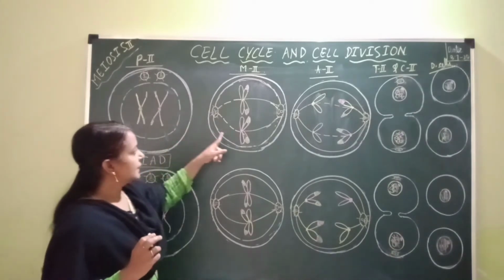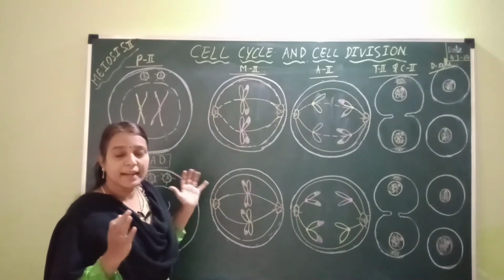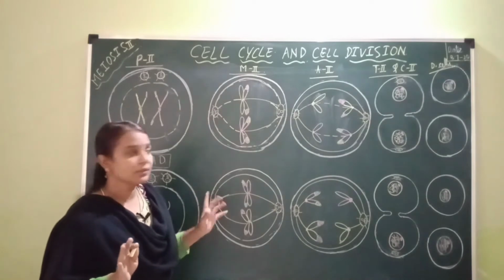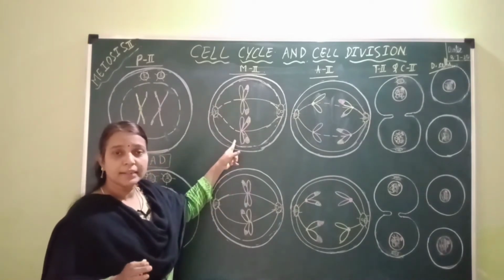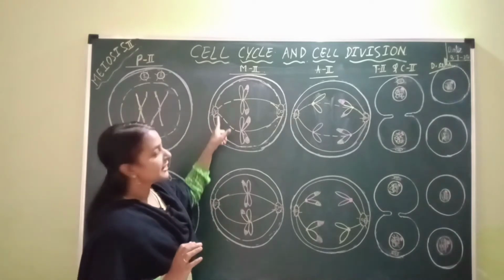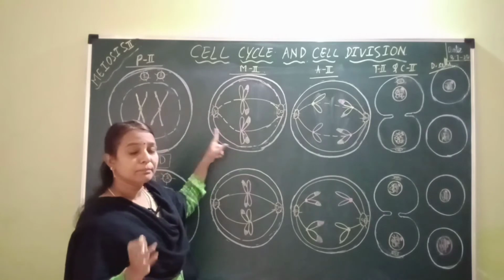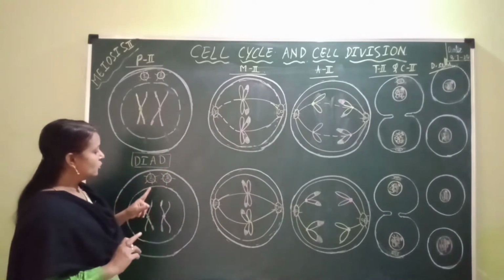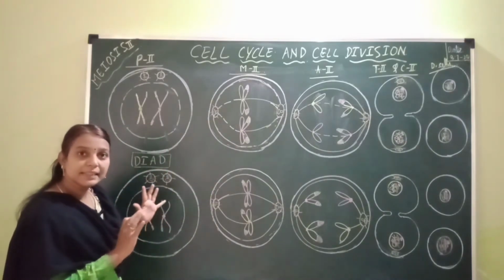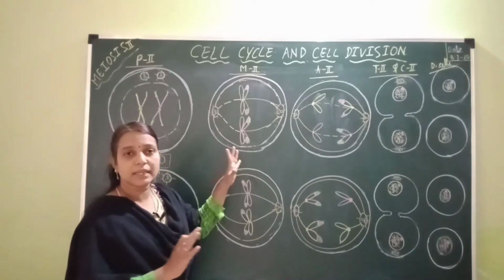By early Metaphase-II, it undergoes complete disintegration and hence there will be no differentiation between cytoplasm and nucleoplasm of the cell. Right. Now, by late Prophase-II, formation of the spindle apparatus is initiated. By early Metaphase-II, formation of the spindle apparatus is completed.